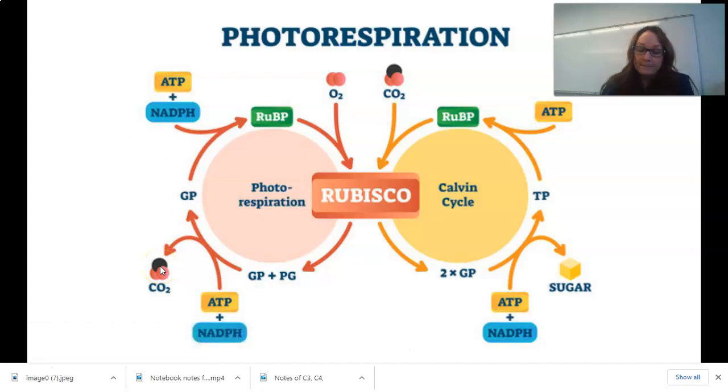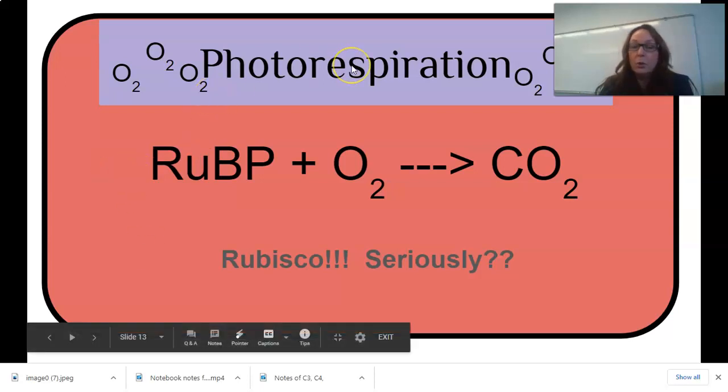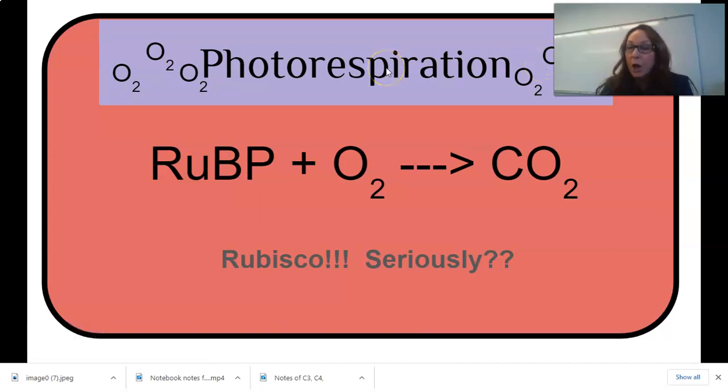Okay, so how can we help Rubisco with this problem? This process is called photorespiration because Rubisco, in this case, will bind oxygen to RuBP. So we're consuming oxygen, and when we're done, we don't have a sugar, we release carbon dioxide, which we're supposed to be putting into a sugar, like we're sending it back out into the atmosphere.